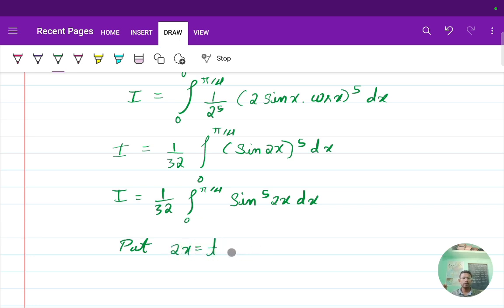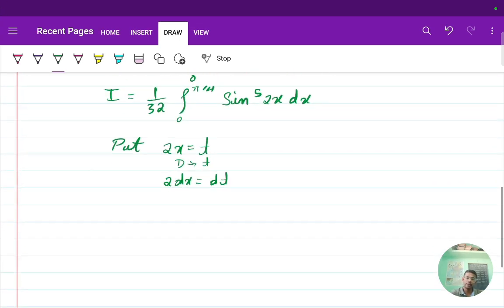When we differentiate this, we get 2 dx is equals to dt. That is, we can write dx is equals to dt by 2.